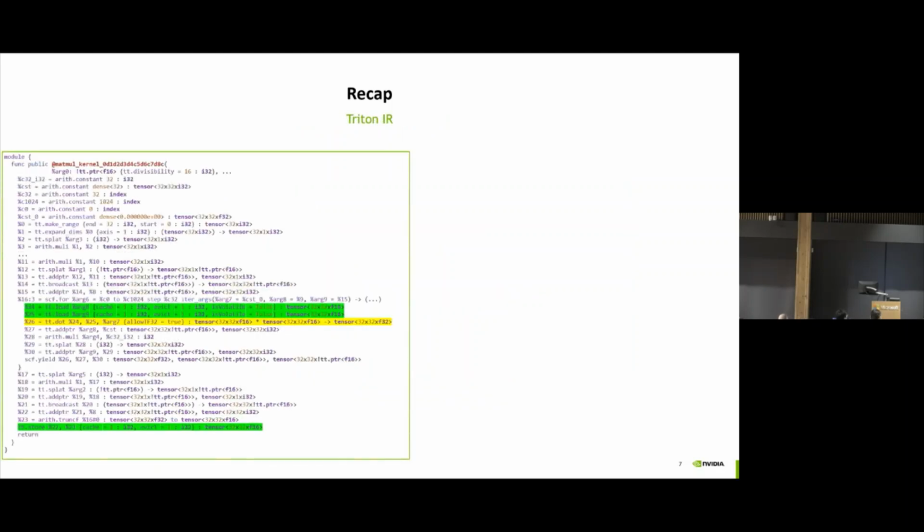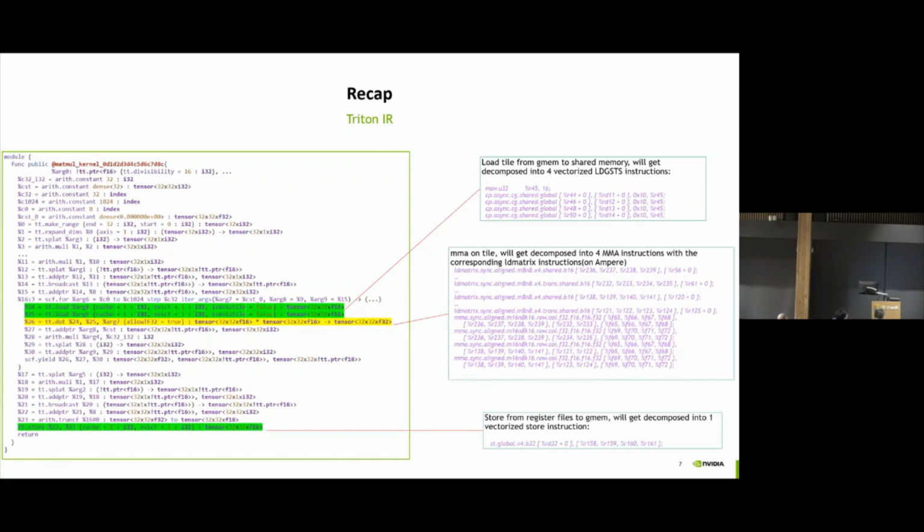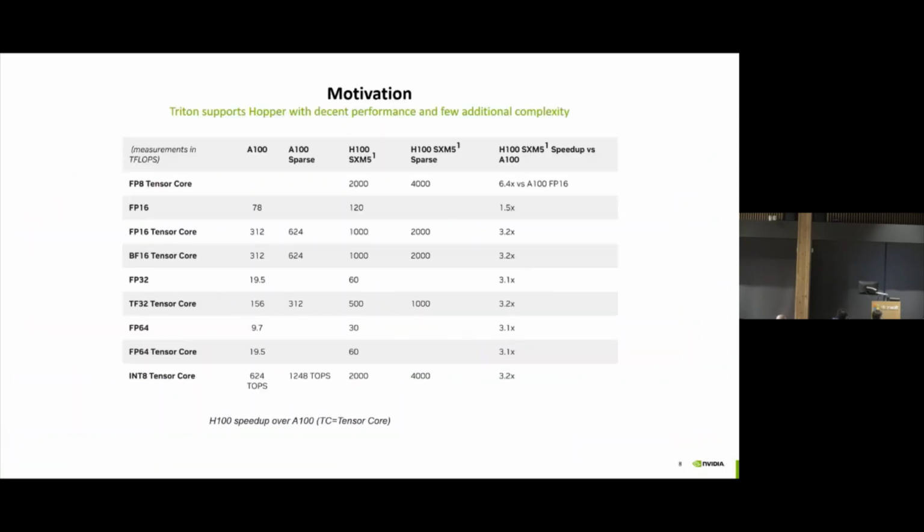But the compiler can do some clever things, such as we can just lower the Triton Python DSL into the IR sequence, and then we can lower them into the corresponding PTX instructions. And this is for Ampere. And for Hopper, actually the compiler will do the similar things, but we want to lower into the Hopper-specific instructions there.